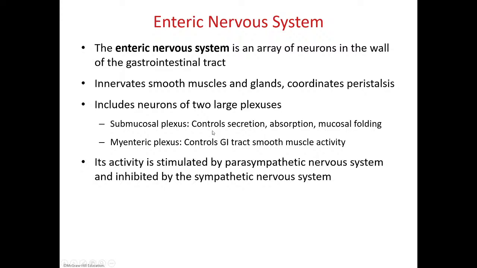So the submucosal plexus is going to control secretion from the glands, as well as absorption and mucosal folding. And the myenteric plexus is going to control the smooth muscle. You could get that from myo, right? Myo, muscle. Entero refers to the GI tract, and so myenteric is muscle in the wall of the GI tract. All right, so its activity is stimulated by the parasympathetic nervous system and inhibited by the sympathetic nervous system.